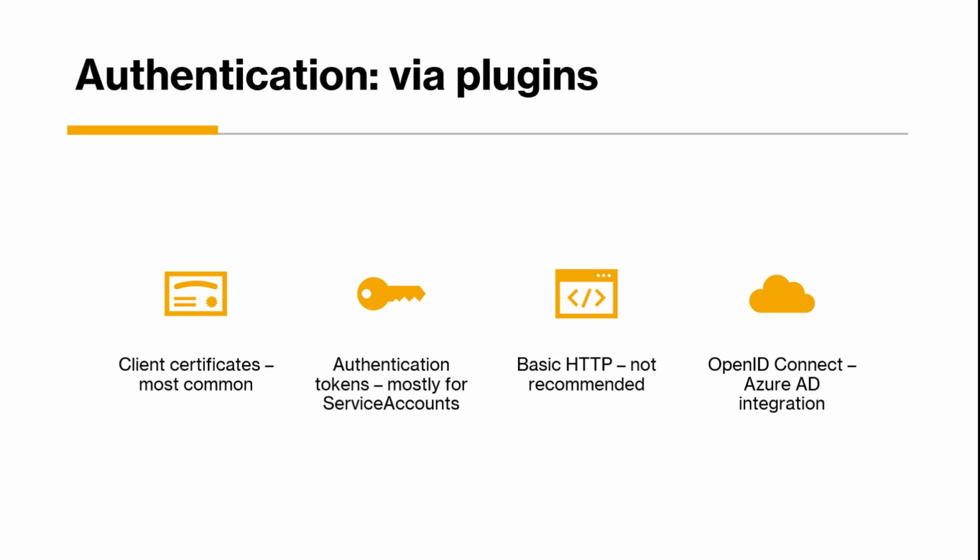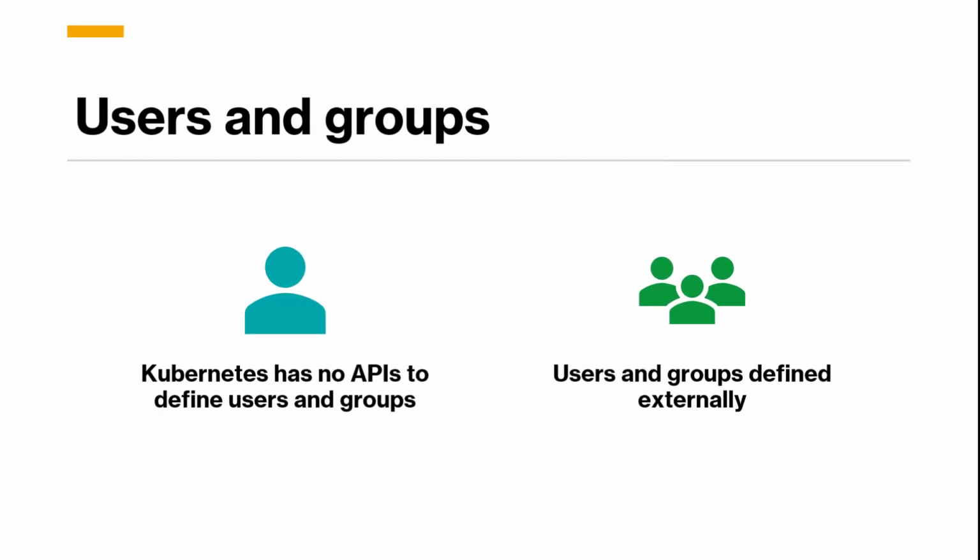Now, for this video, we'll focus on the second option, and it is using an authentication token, typically a JSON web token, or a JWT, right? And that is mostly used for service account authentication. It's important to realize that Kubernetes has no API to define users and groups.